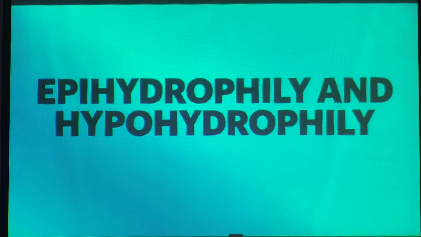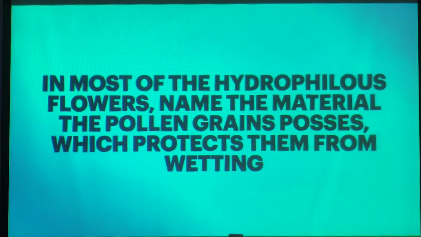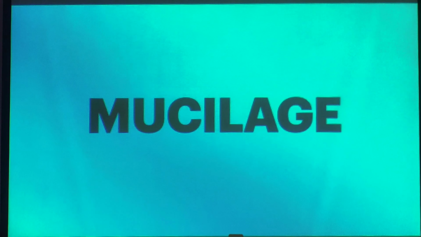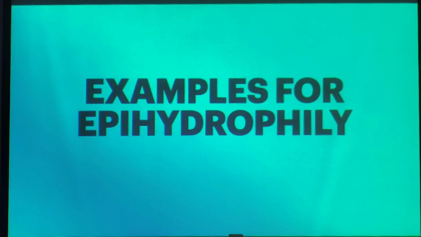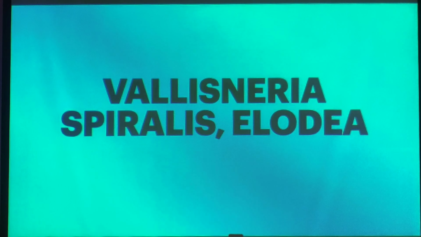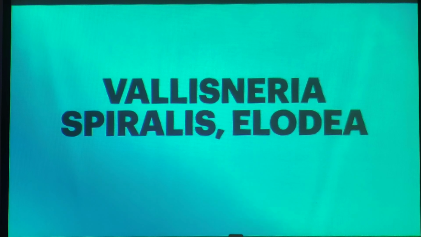What are the types of water pollination? Epihydrophily and hypohydrophily. In most of the hydrophilous flowers, name the material the pollen grains possess which protects them from wetting. Mucilage. Examples for epihydrophily. Vallisneria spiralis. Vallisneria is a genus name, spiralis species name. Then another plant, Elodea.